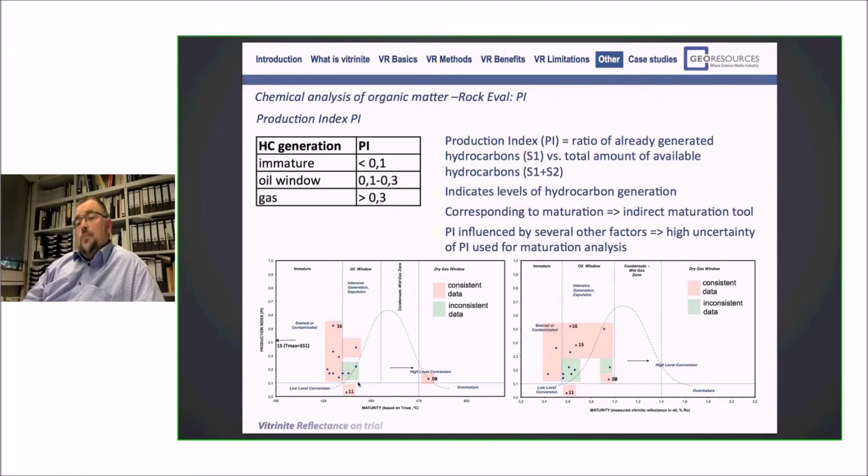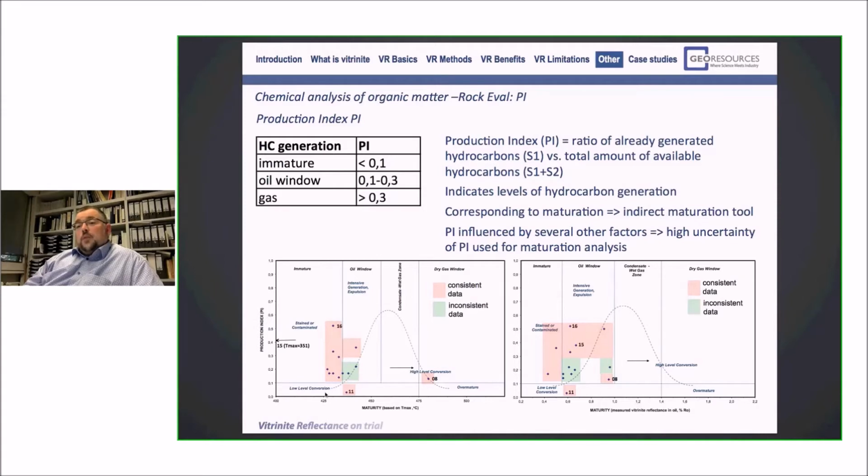According to the Tmax classification, the maturation scheme that I showed you on the slide before, this would be immature. Here we have the oil window, mixed zone, gas window. And from the system for the production index, below 0.1, all this here would be immature, up to here oil window, and all this above is over oil window, gas, and overmature.